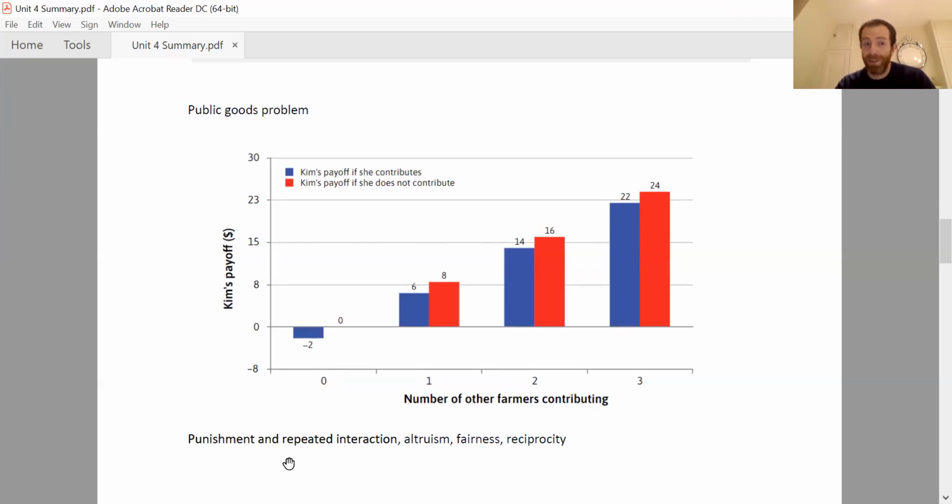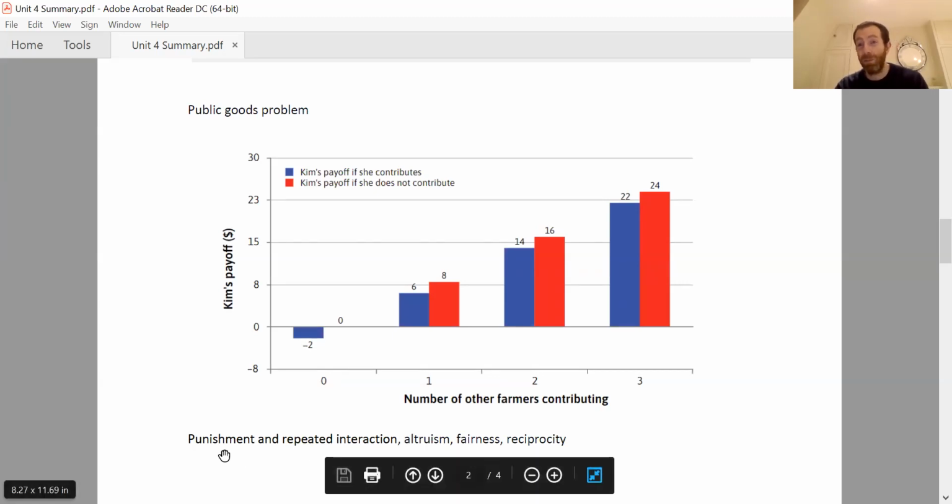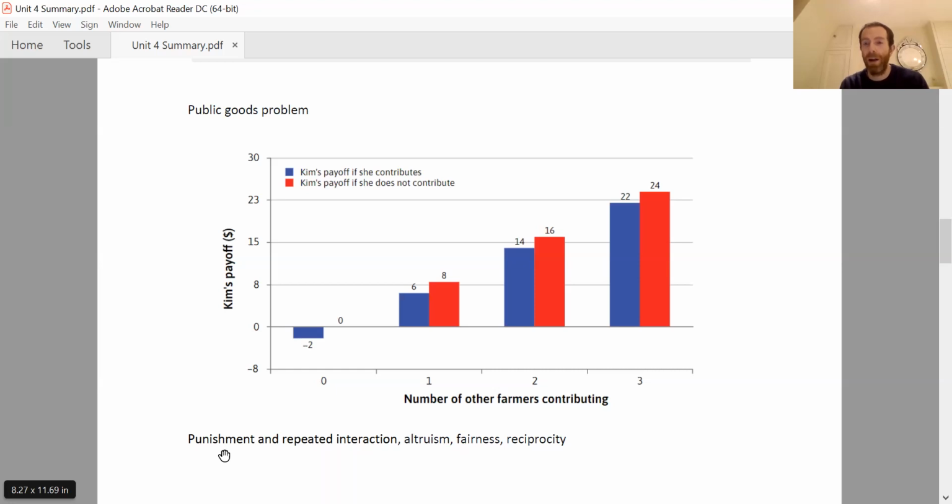In particular, because that introduces the possibility of players punishing each other, right? So if in the first round, one player did the really selfish thing and the other player did the selfless, altruistic thing, then in the next round, the player who got spurned might find a way of punishing the other one.